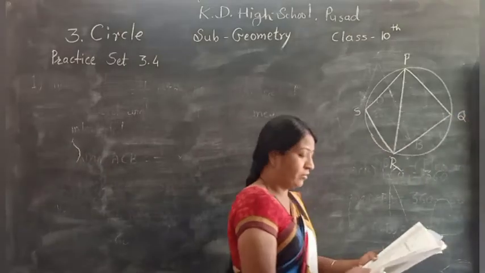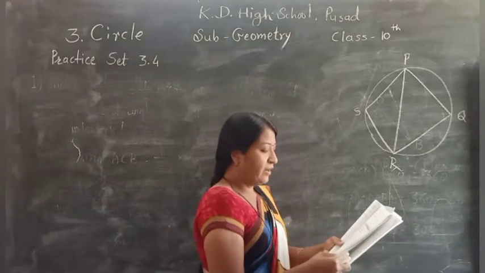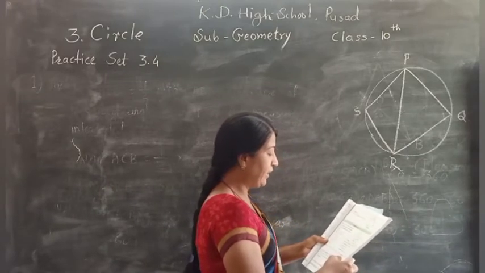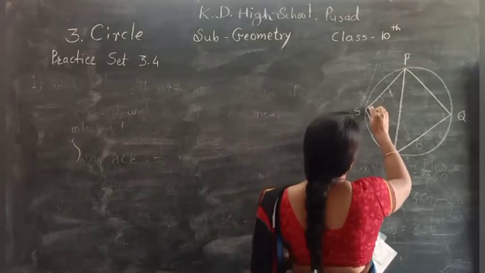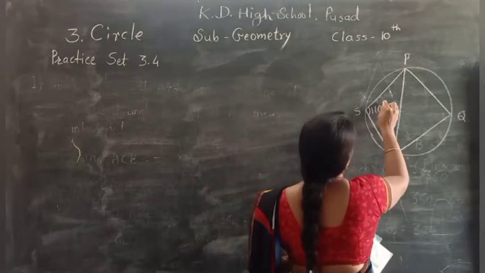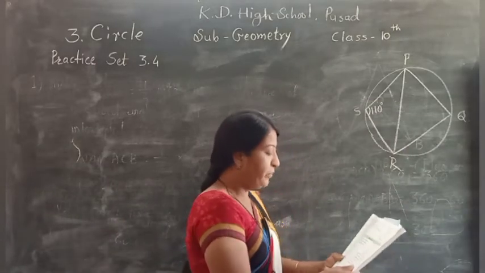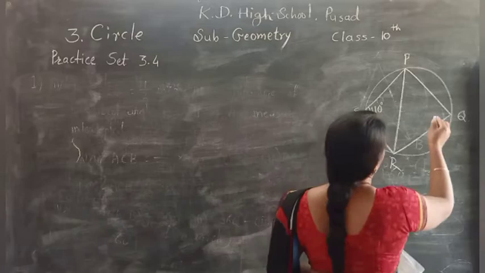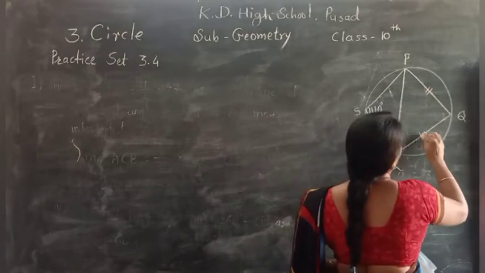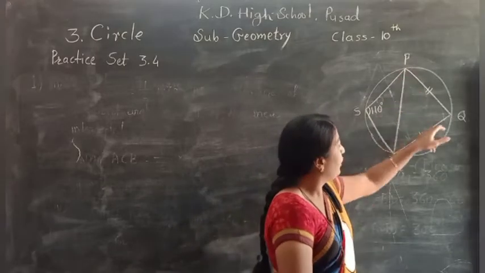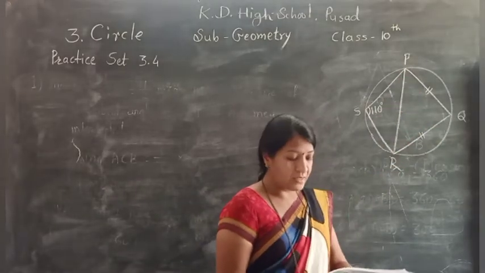Okay, now what is given? Measure of angle PSR is equal to 110 degrees. It is given. Then PQ is congruent to RQ. It is also given. It means triangle PQR is an isosceles triangle.